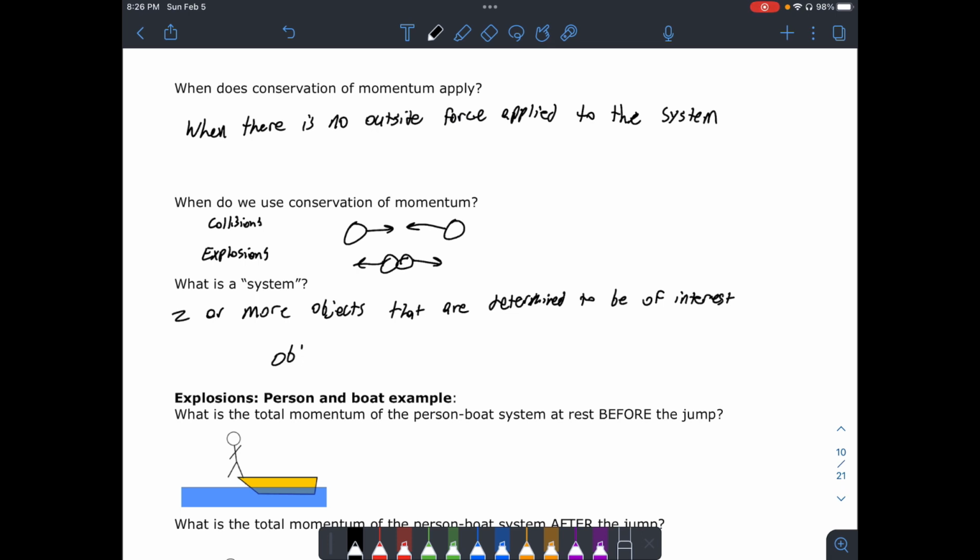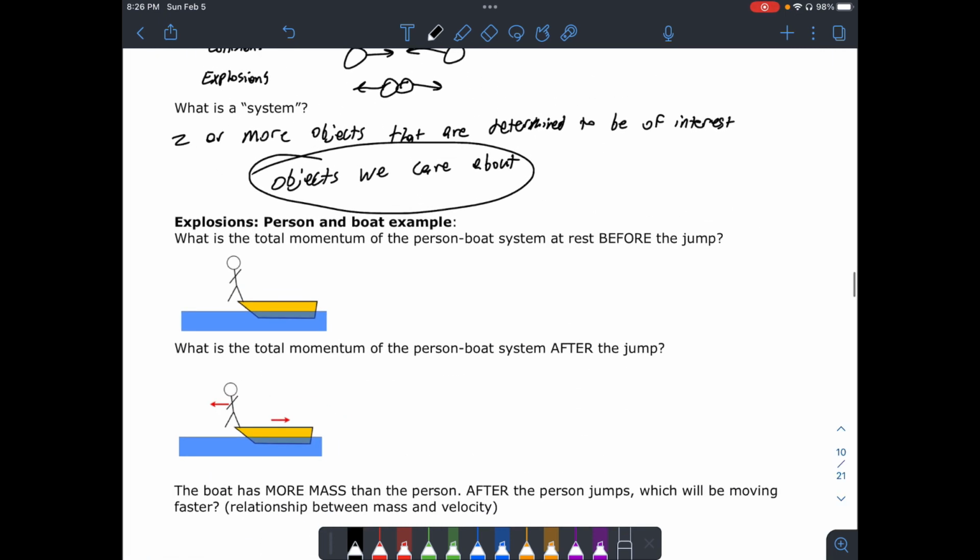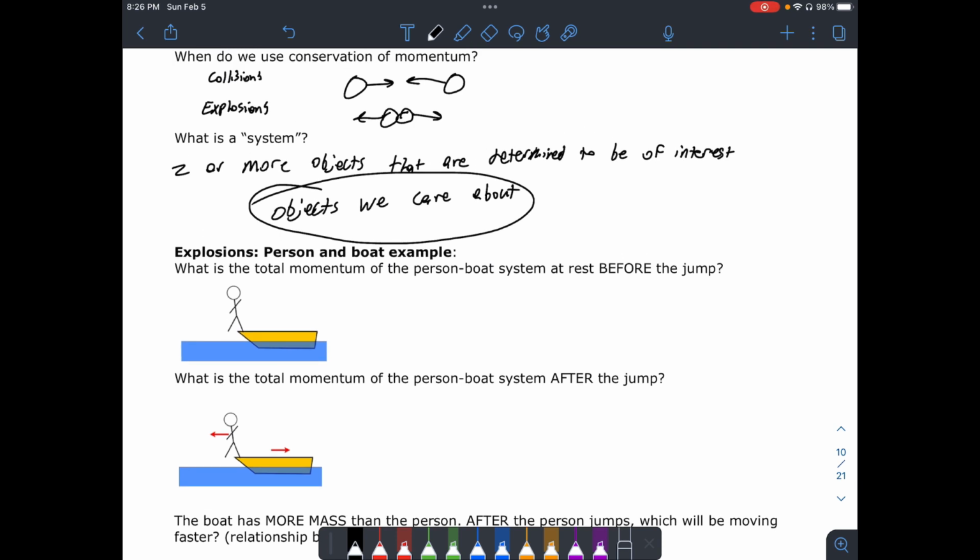Or in other words, it's the objects we care about. So everything outside of those objects is not a part of our system.